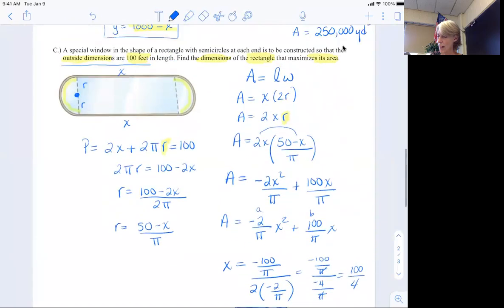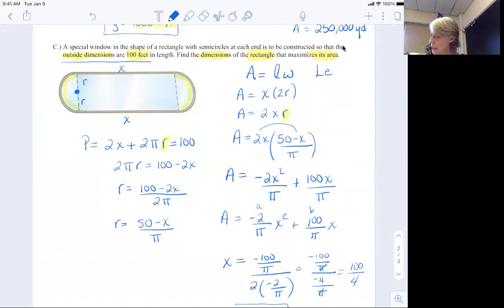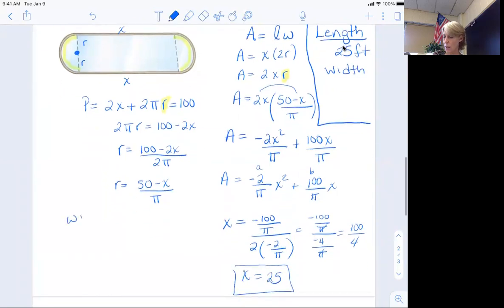X equals 25 is going to be the length that maximizes the area. Now I need to find the width. Now think about it. Our width was what again? Our width is 2r.